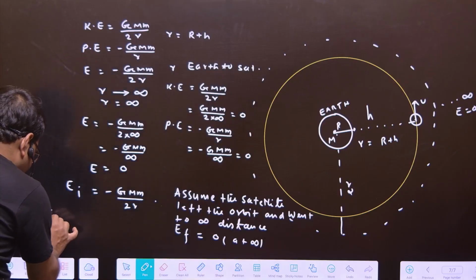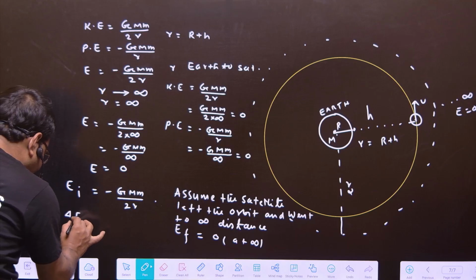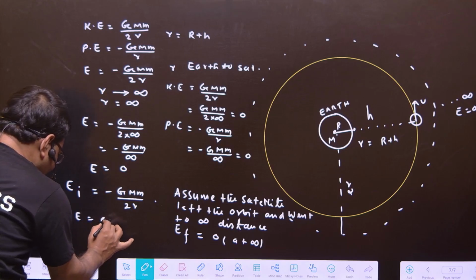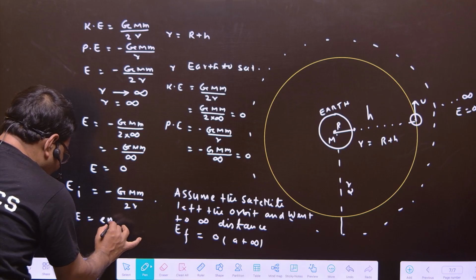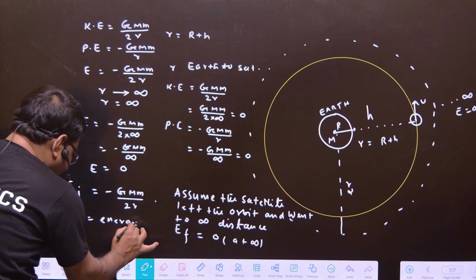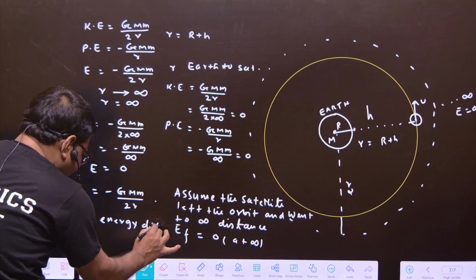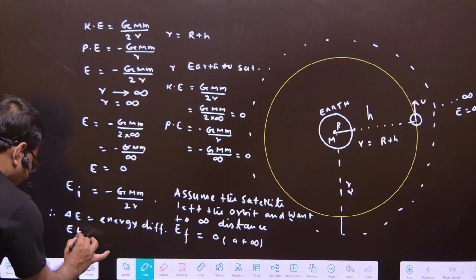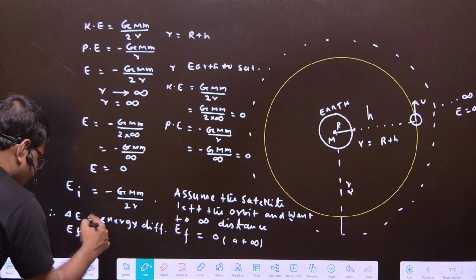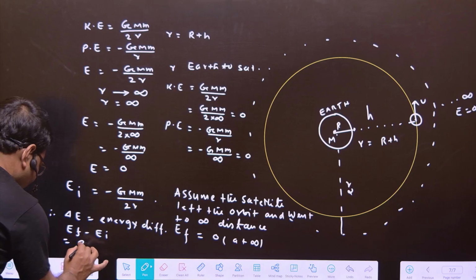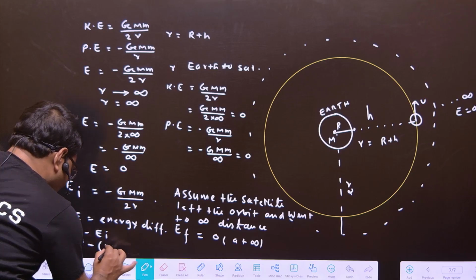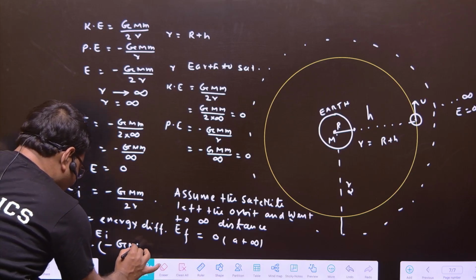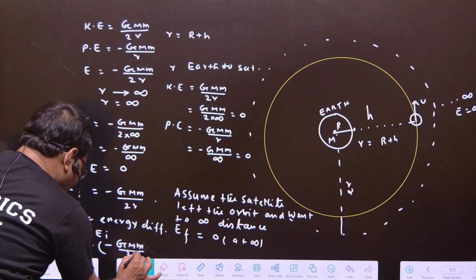So the energy difference, delta E, is the final energy minus the initial energy of the satellite: 0 minus of minus G M m divided by 2r.